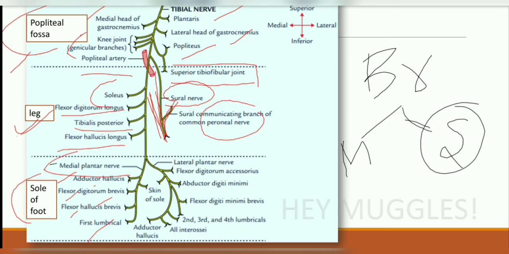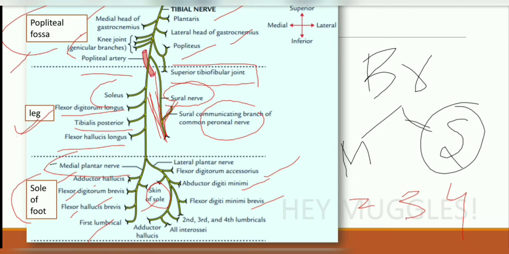Lateral plantar nerve supplies flexor digitorum accessorius. It supplies your skin of the sole. Medial plantar nerve also gives a sensory branch to the skin of the sole, as well as the lateral plantar nerve also gives a sensory branch to the skin of the sole. Then the lateral plantar nerve supplies abductor digiti minimi, flexor digiti minimi brevis, second, third and fourth lumbricals, all the interossei.